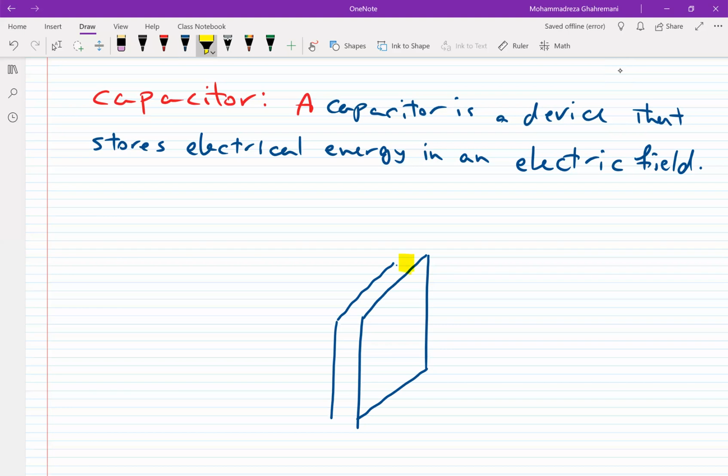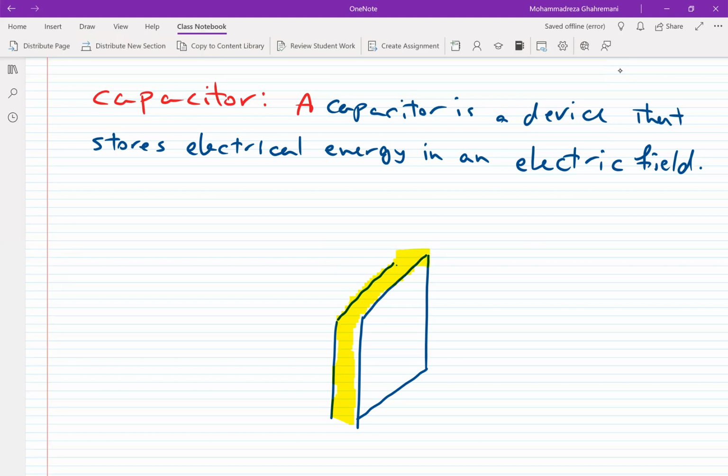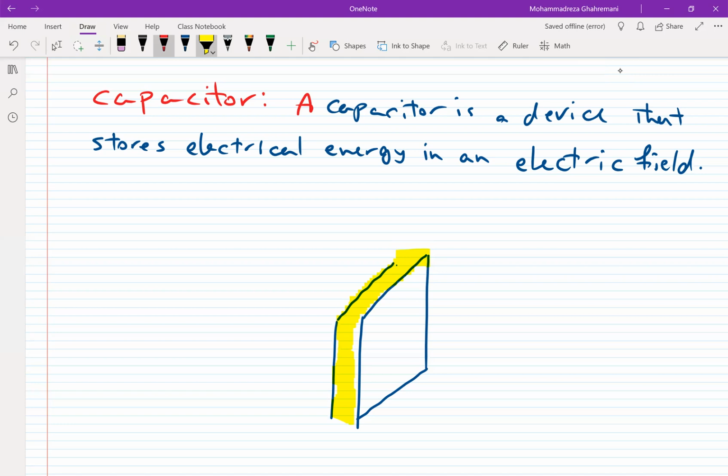Let's say this red color is dielectric material between these two plates. These two plates are connected as the terminals to the other parts of the circuit. So let's say terminal A and terminal B.